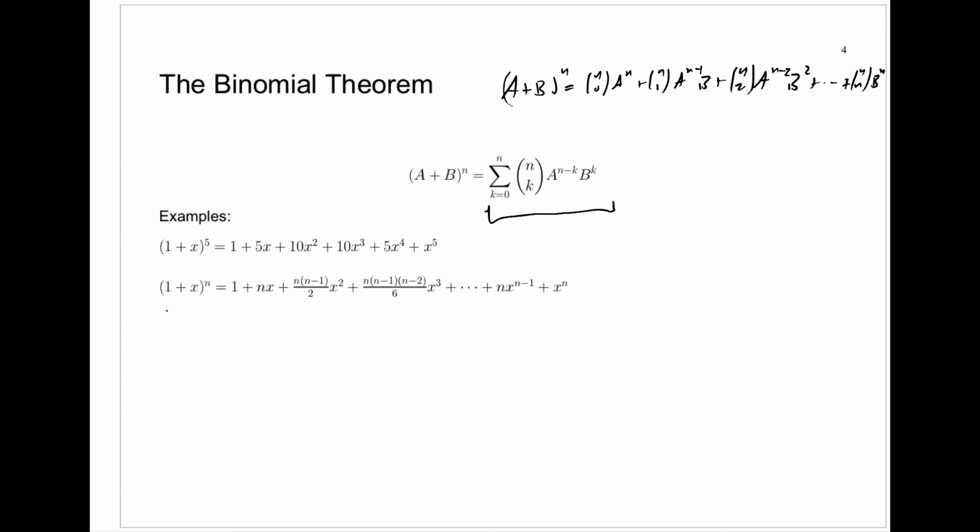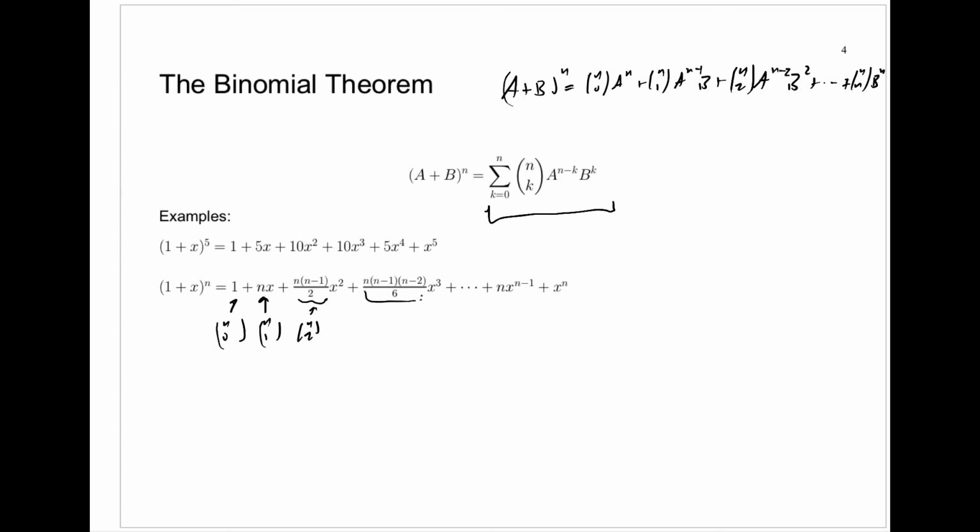In fact, you can, in general, write 1 plus x all raised to the nth power as 1 plus nx plus n times n minus 1 over 2 times x squared, etc. And I'm writing it this way because this is what you might see when you're studying functions, but you can recognize that 1 as n choose 0, that n there as n choose 1, n times n minus 1 over 2, which you could also write as n times n minus 1 over 2 factorial, is n choose 2, that's this part.